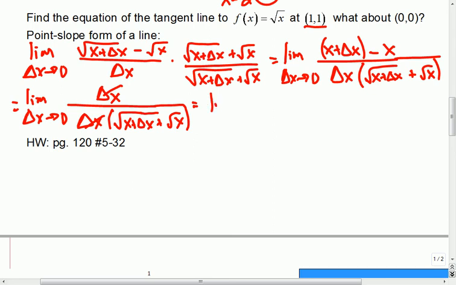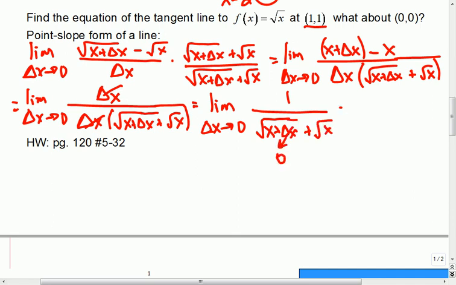So we can now figure out this limit. There'll be 1 over, this piece is going to 0. So it'll be 1 over root x plus root x, which would be 1 over 2 root x. So that's the derivative. We could figure this out at any point.